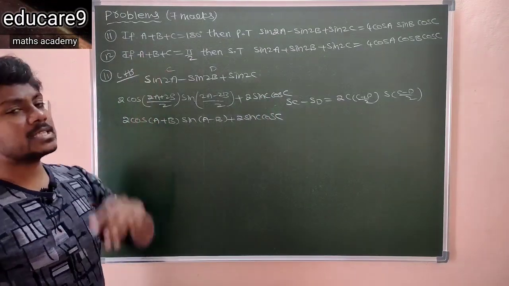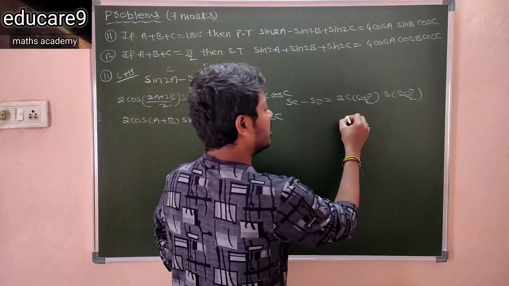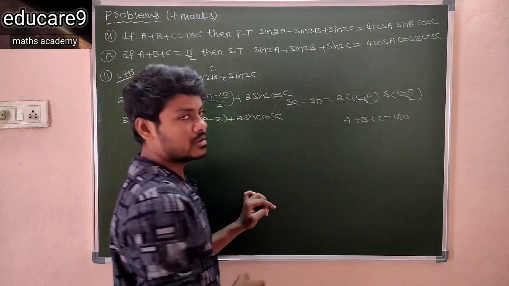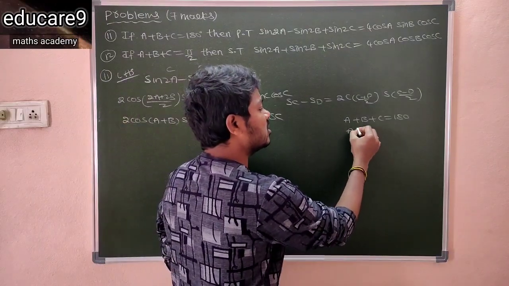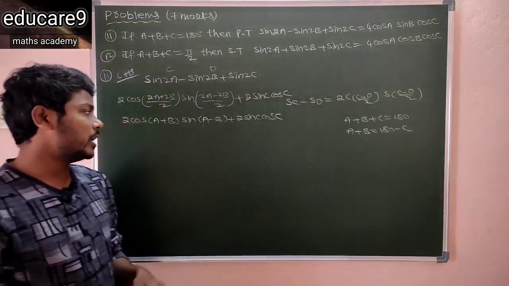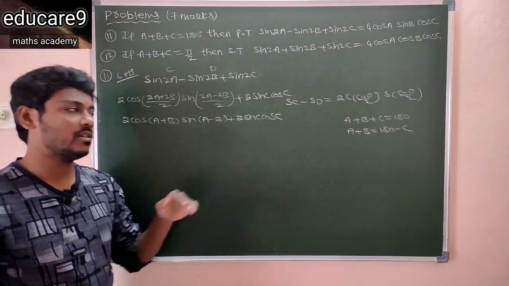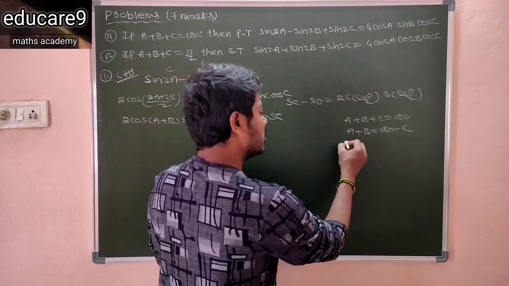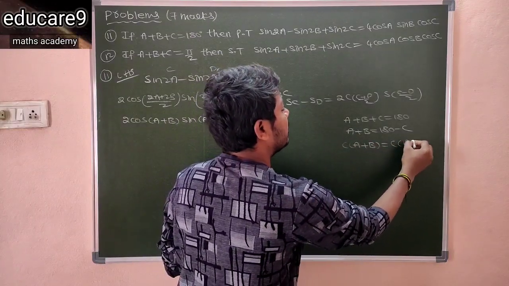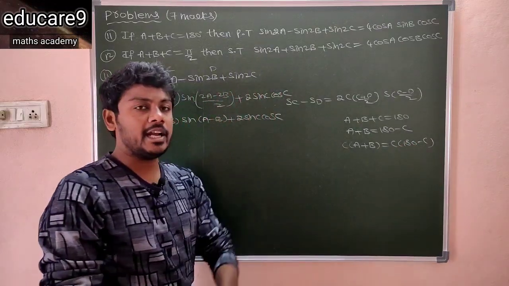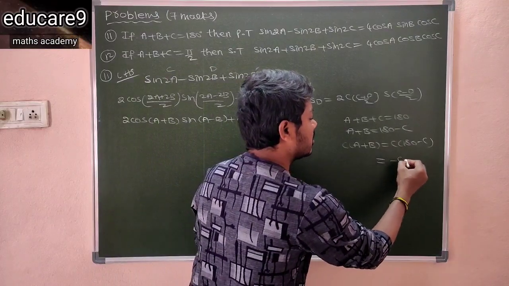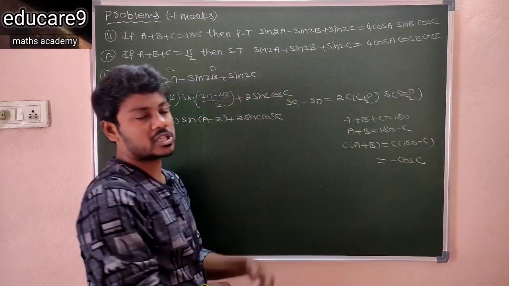Now a plus b plus c is 180. Given this, a plus b is equal to 180 minus c. Now we want the value of cos of (a plus b), so apply cos on both sides. Cos of (a plus b) is equal to cos of (180 minus c). 180 minus theta lies in the second quadrant, so cos gets a negative sign and it is not changed.